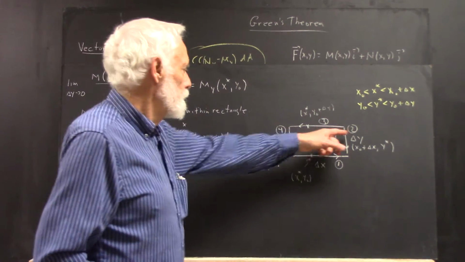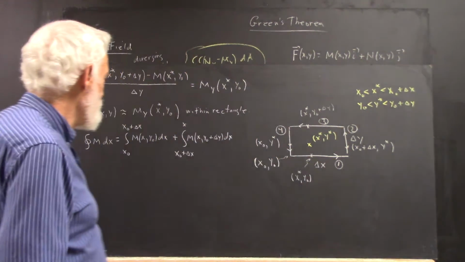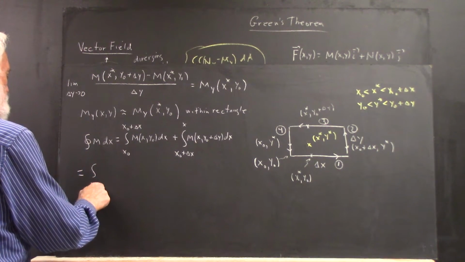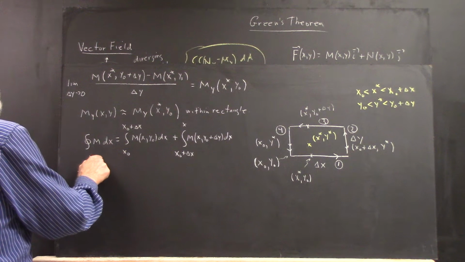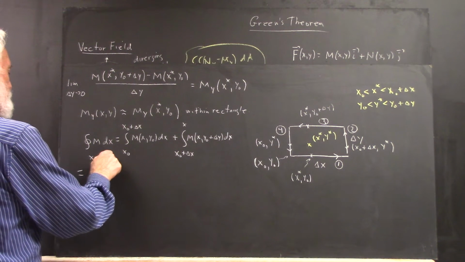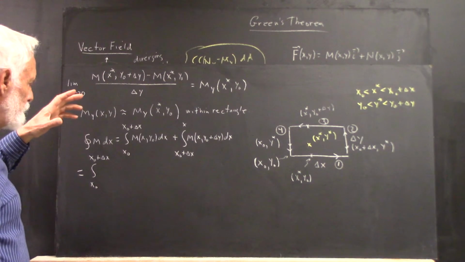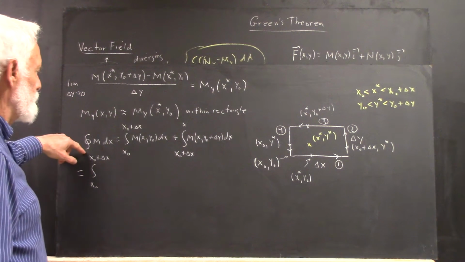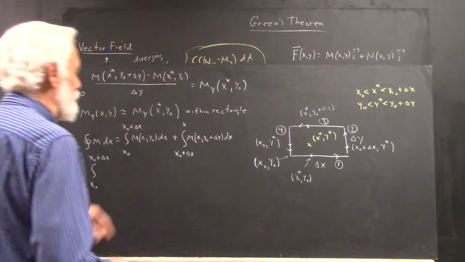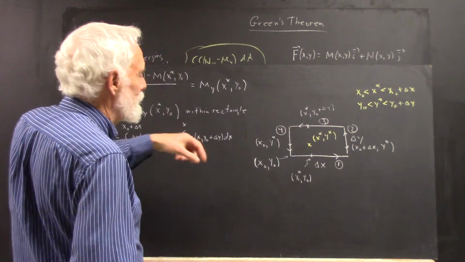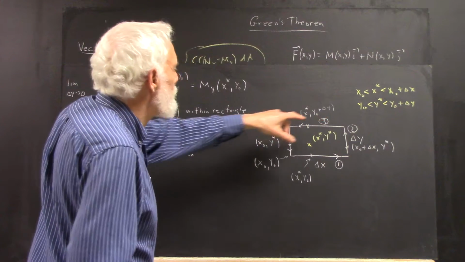Now, of course, this integral is in the opposite sense of this one. If we express both integrals as an integral from x naught to x naught plus delta x, we're just reversing the order of integration here. The x increments that you use here would be negative.